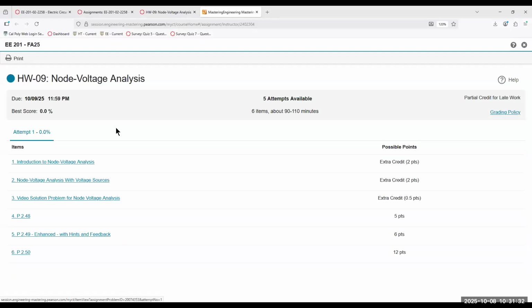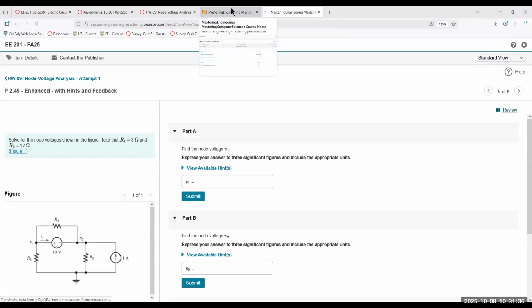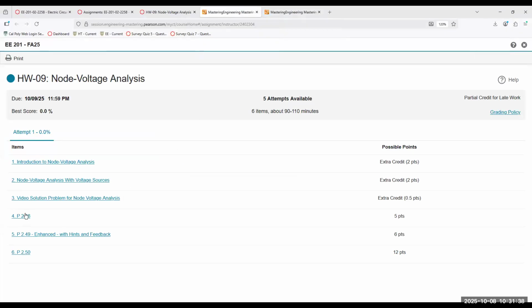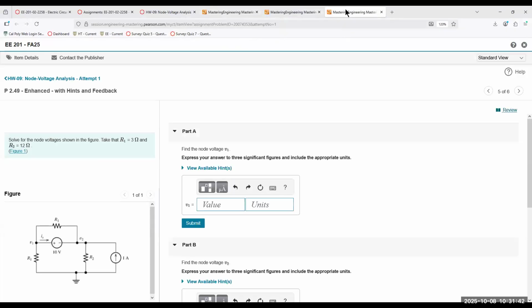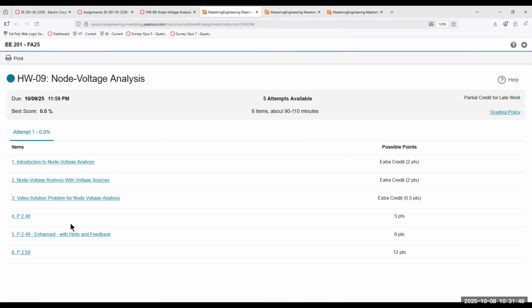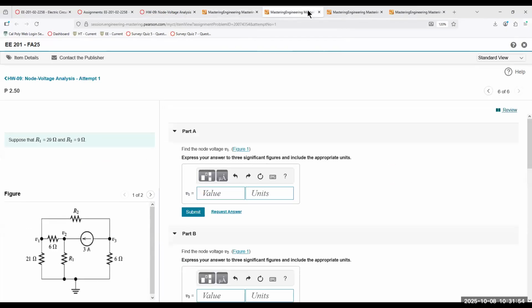You said this one, 2.49? So the question being asked is about 2.49. For those of you who completed and submitted this, how many equations did you have? 3, 2, 1.